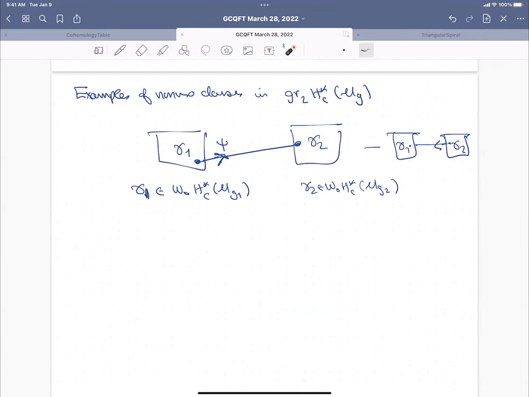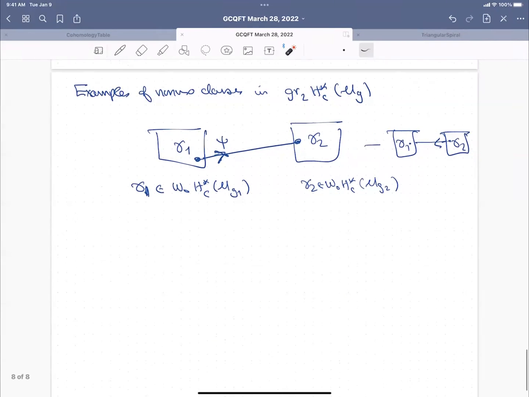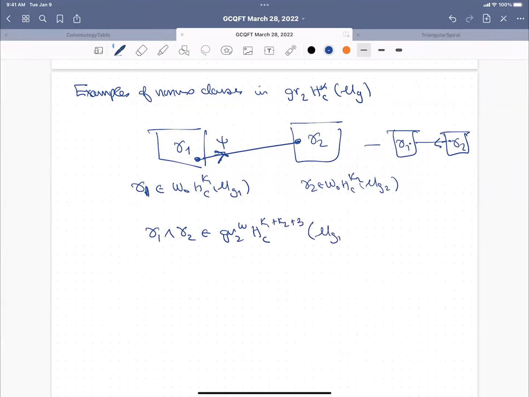Okay, so then we have gamma 1 wedge gamma 2 now is in Gr_2 H star compactly supported. And so if we gave the degrees of these, so if we had k1 and k2, this would be k1 plus k2 plus 3, g1 plus g2. So that's sort of how we're building weight 2 cohomology out of weight 0 cohomology.